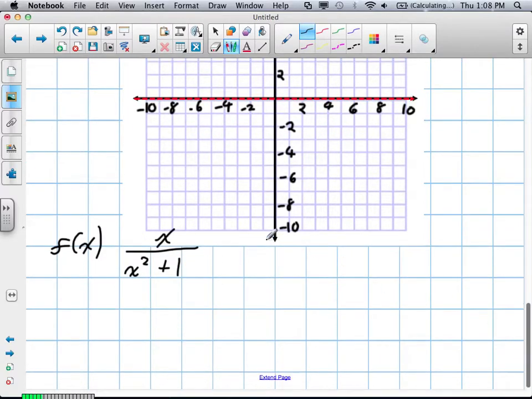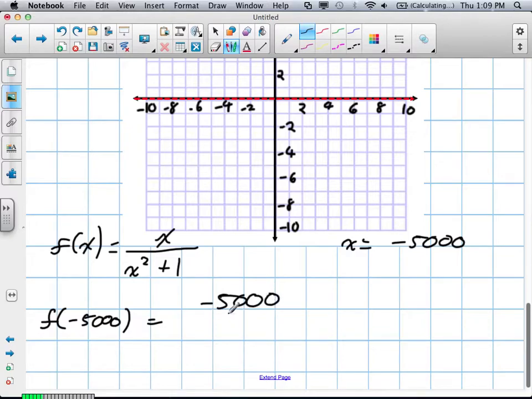A large value in the negative direction would be something like negative 10,000 or negative 3,000. So let's say x is negative 5,000. I'm going to plug that value in. So when I find f of negative 5,000, I'm left with negative 5,000 divided by negative 5,000 squared plus 1.